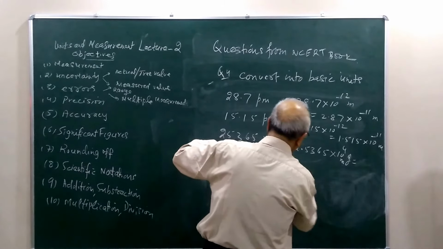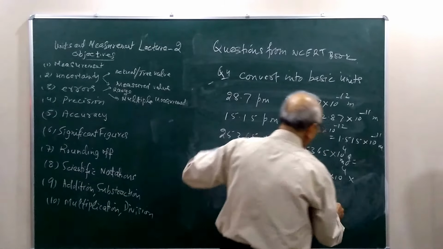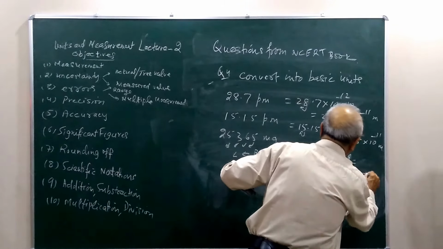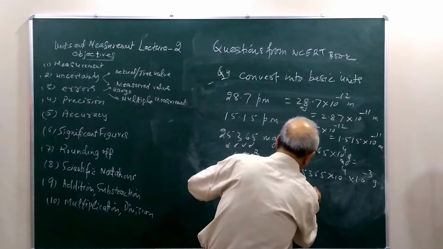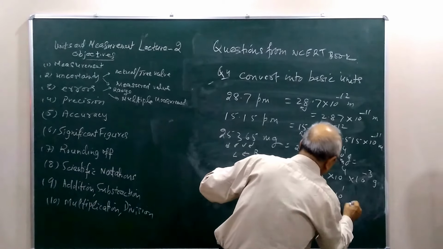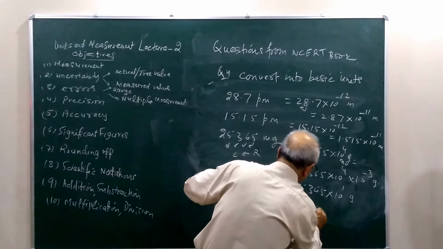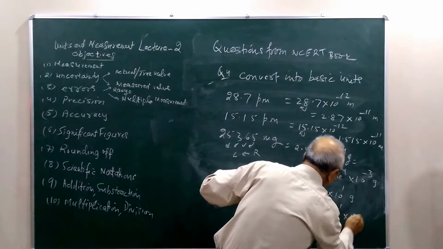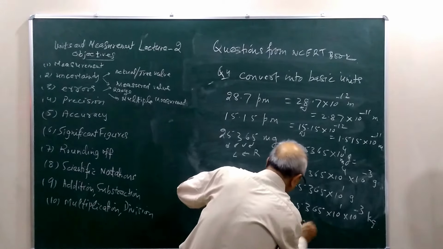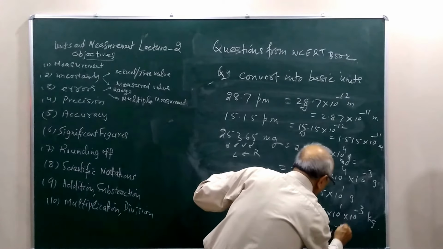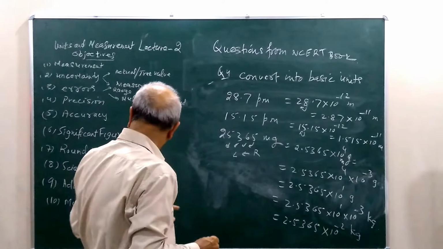If I convert milligram into gram, it becomes 2.5365 into 10 power 4 into 10 to the minus 3 gram, which is equal to 2.5365 into 10 power 1 gram. If I convert gram into kilogram, 2.5365 into 10 power 1 into 10 to the minus 3 kilogram. So the answer is 2.5365 into 10 to the minus 2. So this is the correction to what we said.